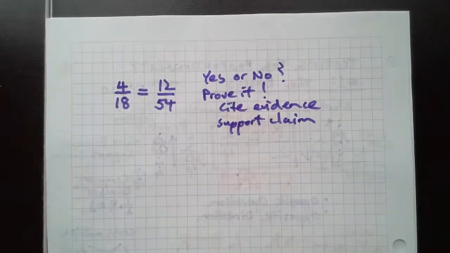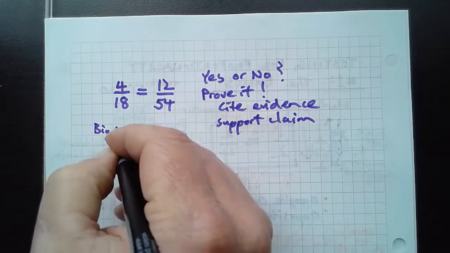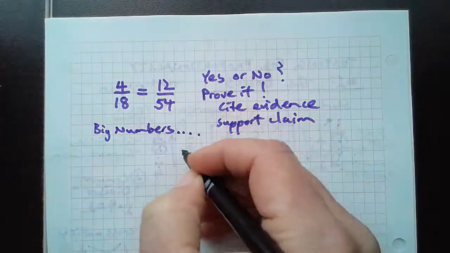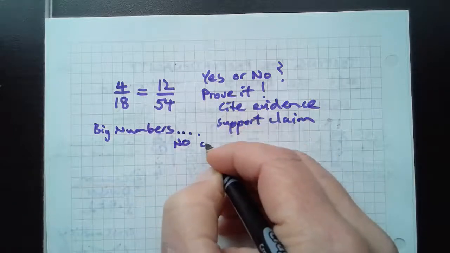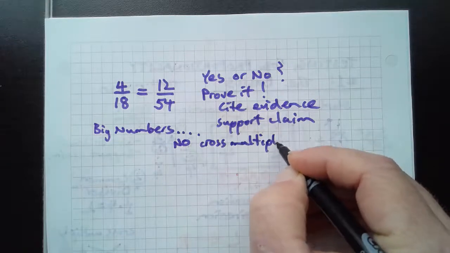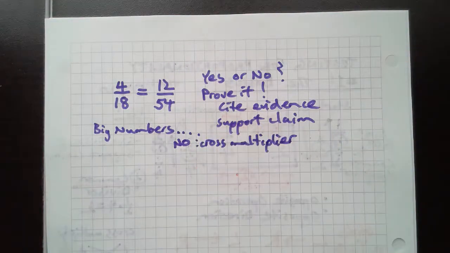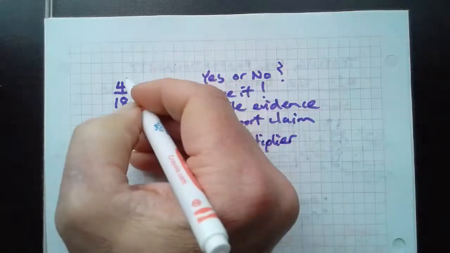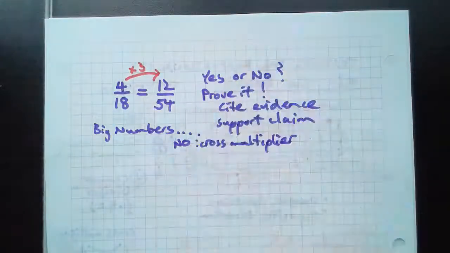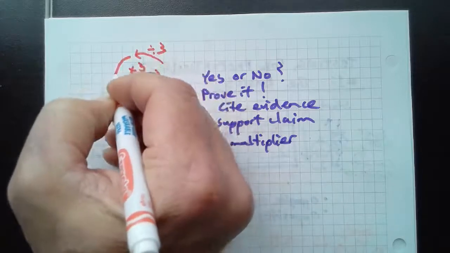whatever. Okay, so this time, since I'm looking at some big numbers here, and even though I'm really good at mental math, I'm thinking I don't want to cross multiply. I want to find a common multiplier. So I start looking. Let's look with red. Oh, look at this. I know that 4 times 3 equals 12, and my proof is that 12 divided by 3 equals 4.